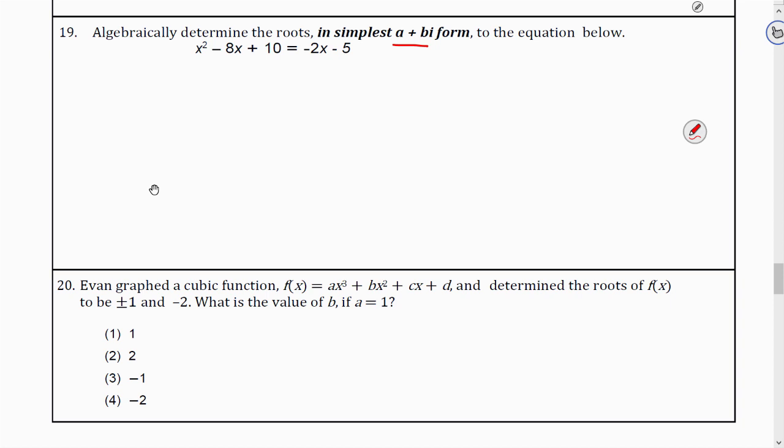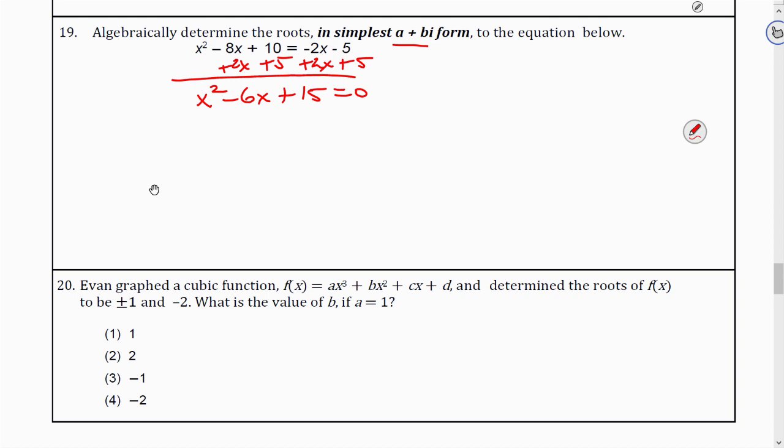I like my leading coefficient to be positive, so I'll move the things on the right to the left. I will add 2x to both sides, and add 5 to both sides, and I get x squared minus 6x plus 15 equals 0.